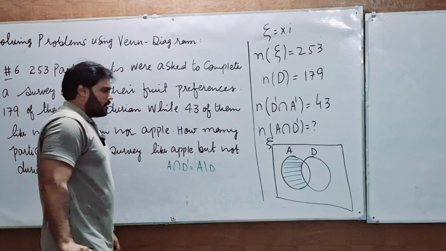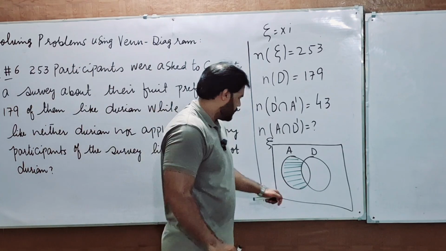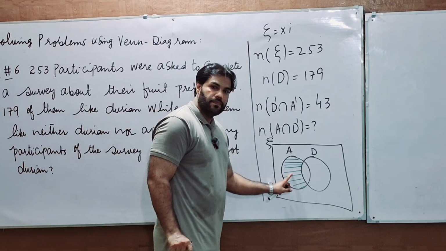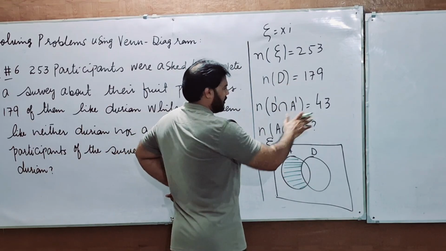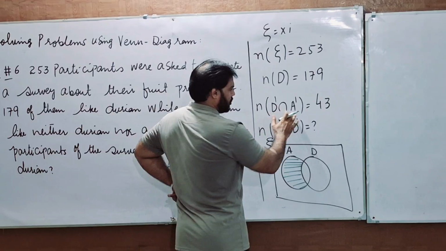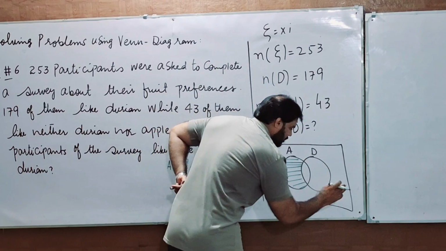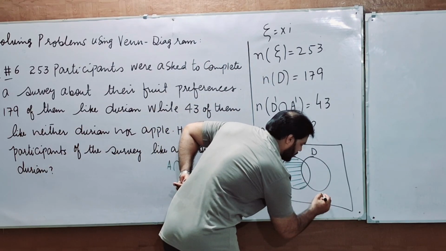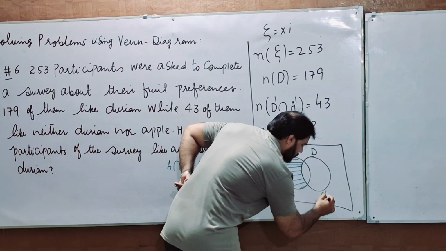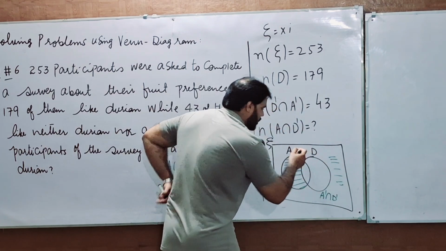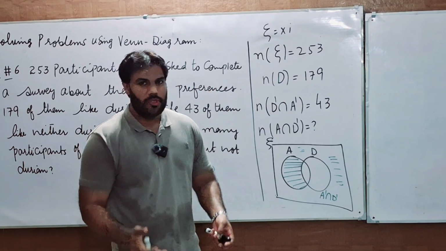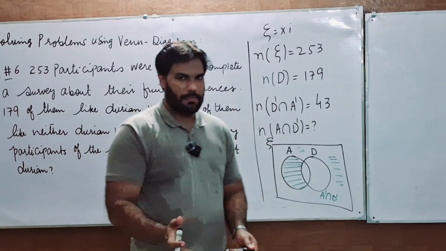So we need to find this area. Now, the given information is the number of participants who like neither durian nor apple. Those participants will lie in A complement intersection D complement, the outside area. This outside area represents the number of participants who like neither durian nor apple.